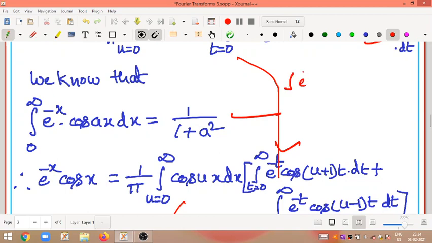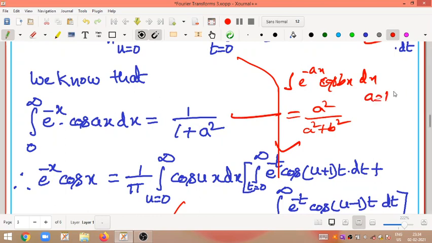Integral e power minus ax into cos bx formula, we all know that. So this is nothing but a by a square plus b square. But here what is the a value? 1. Here a value is 1. Next b value is 1.